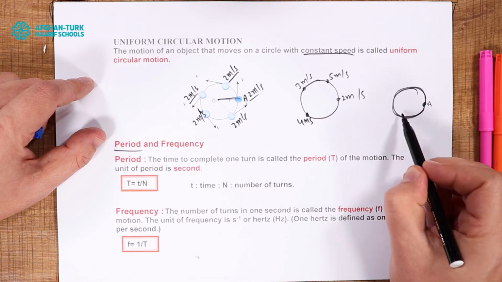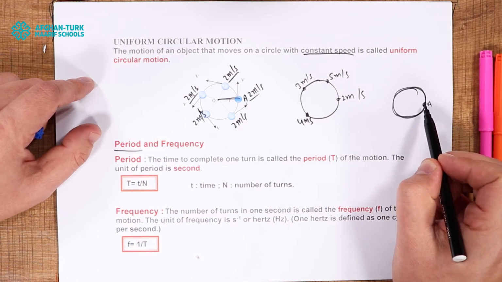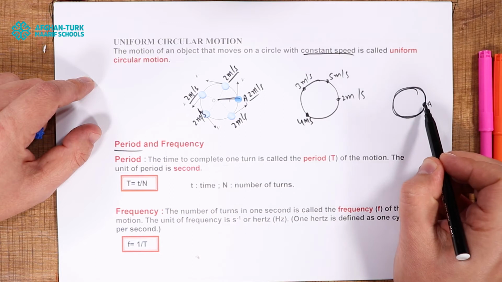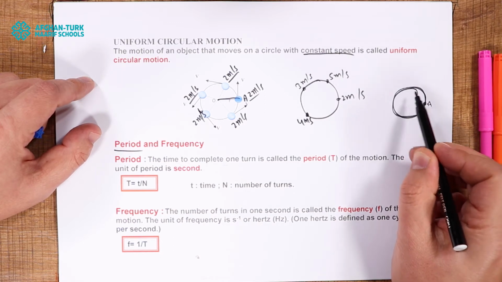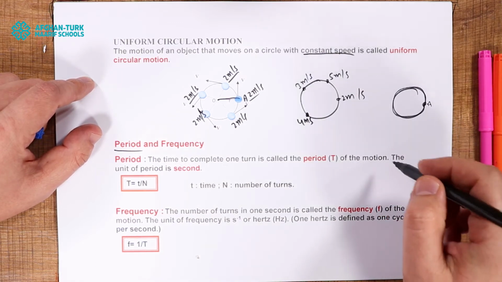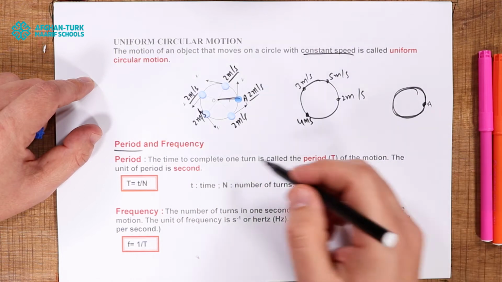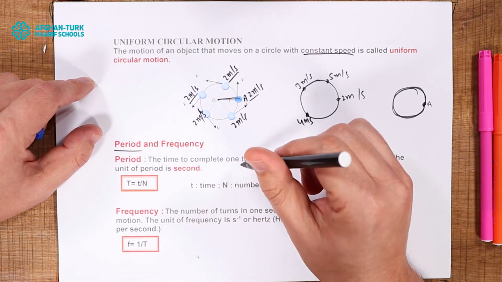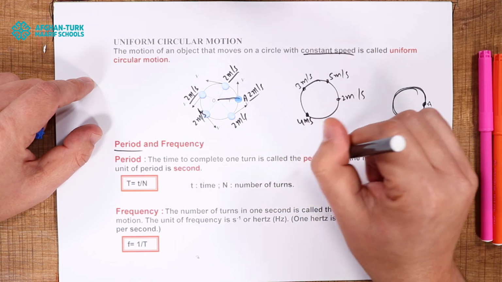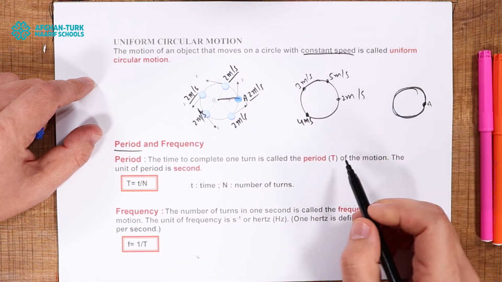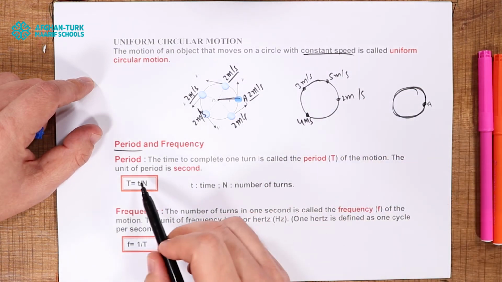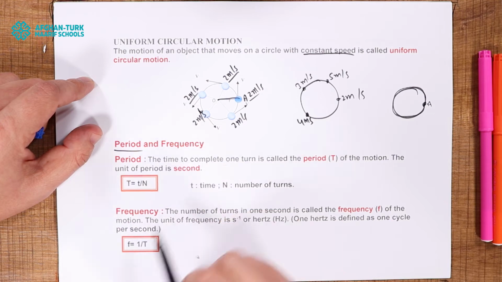Like how much time the object takes to complete one turn: 2 seconds, 1 second, 3 seconds. We can also say the time required to complete one turn is called period, which is denoted by capital T, and the unit of period is second.